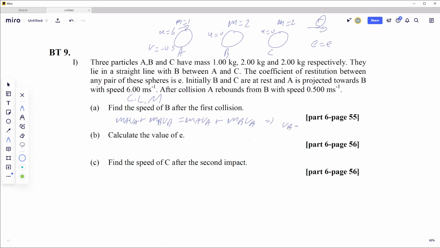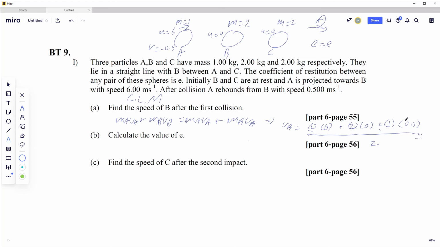So VB equals, I'm going to substitute instantly, 1 times 6 plus MB, which is 2, times 0 minus the mass of A, 1 times the velocity of A, which is minus 0.5, so this will be plus 0.5, over the mass of B, which is 2.